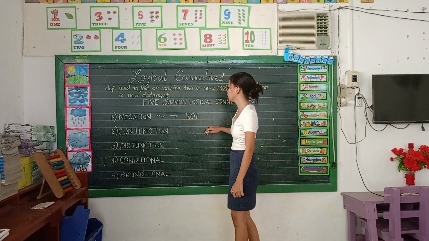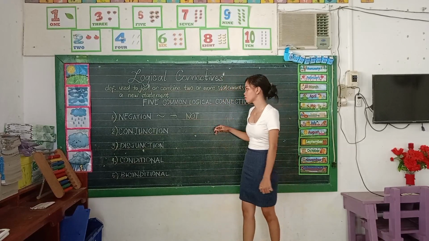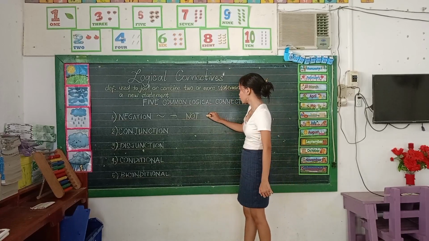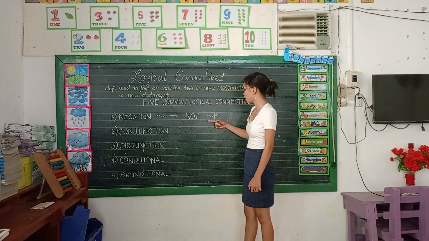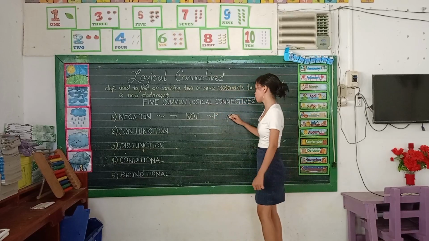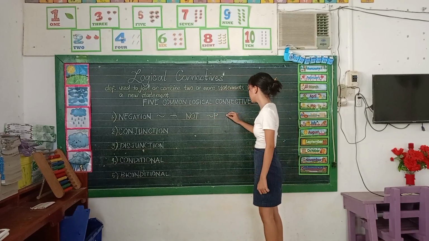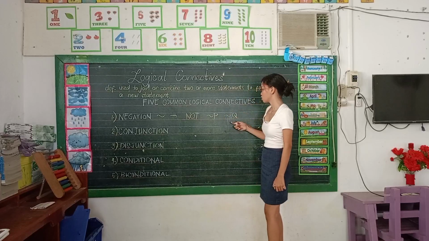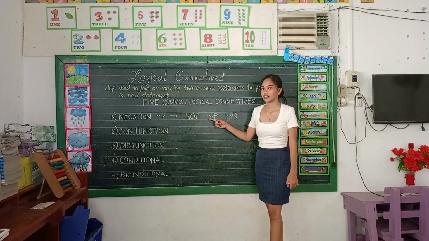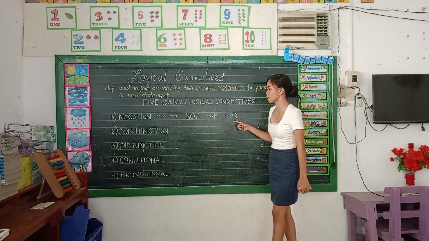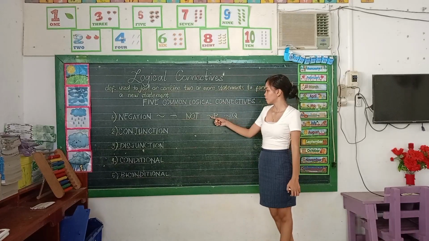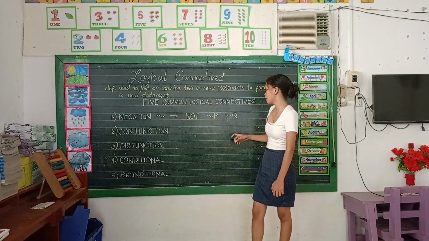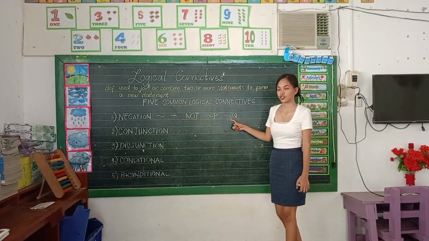For example, if P and Q are statements, if we negate the statement P, it will be written like this, and if we negate statement Q, it will be written like this. These symbols translate as not P, or it is not true that P, and not Q, or it is not true that Q.